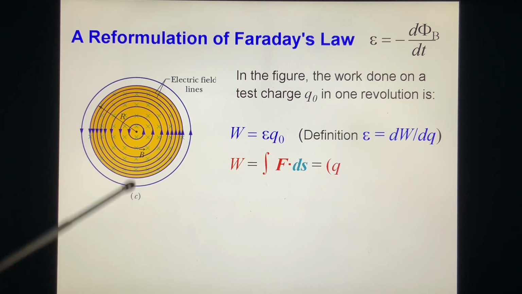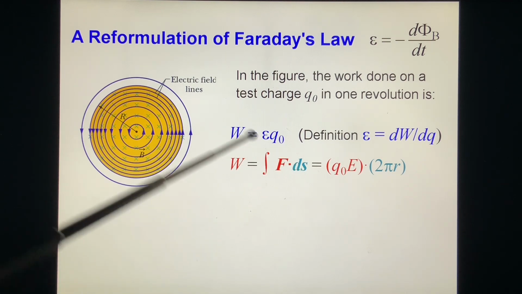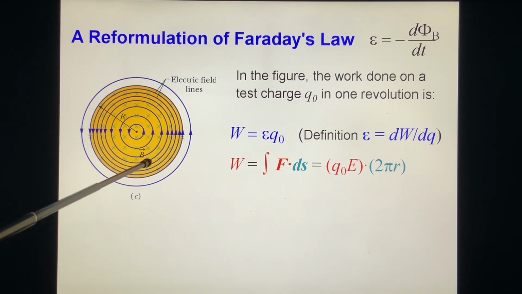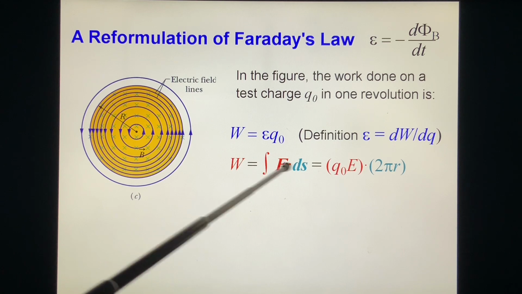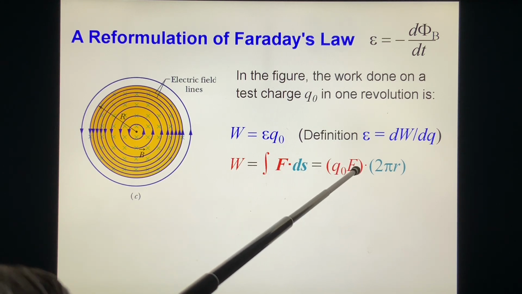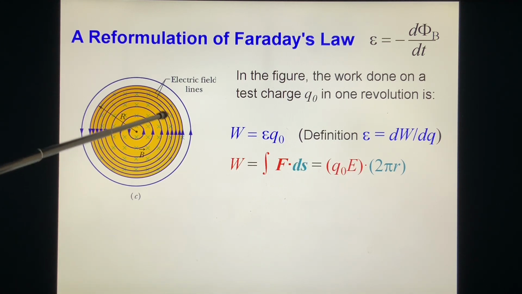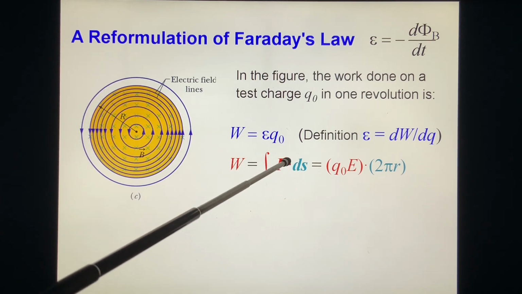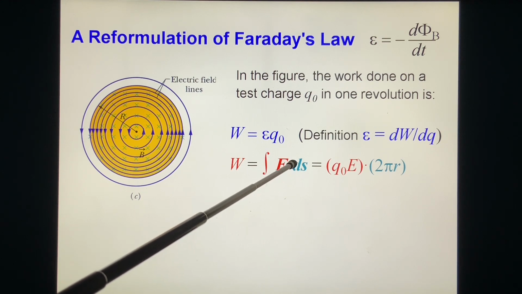And also, if we look at it from a mechanical point of view, this equals the integration of F dot ds. F for the charge Q is QE. ds is along the tangent. In our case, E is along the tangent, so they are parallel. We don't have cosine theta. Cosine 0 equals 1.